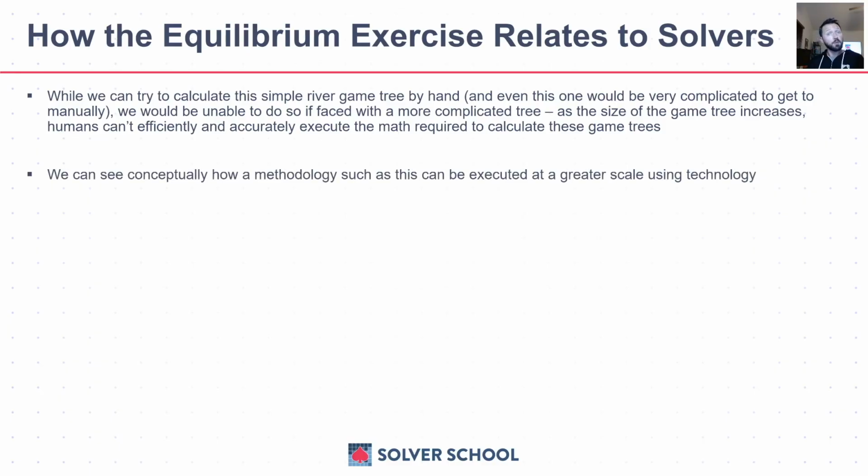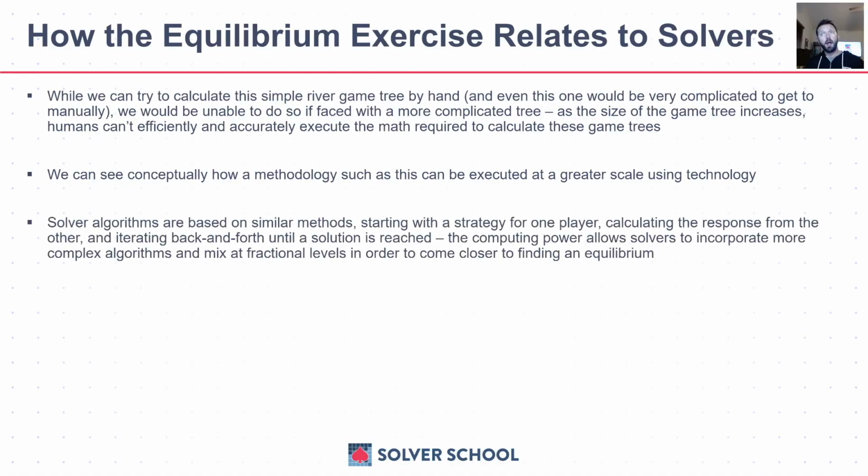We can see conceptually here, though, how a methodology such as the one in the equilibrium exercise can be executed at a greater scale using technology. If we had to iterate something hundreds or thousands of times at a much larger scale, we can't do that, but technology can. That's how solver algorithms work, and that's why I wanted to go through this exercise. Solver algorithms are based on some of these similar methodologies.